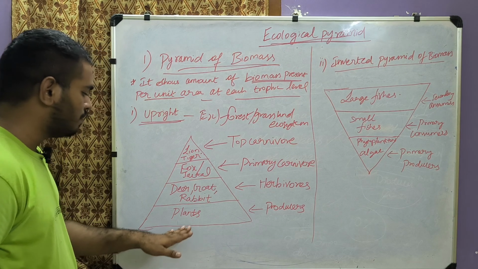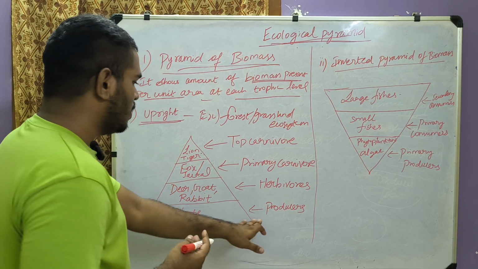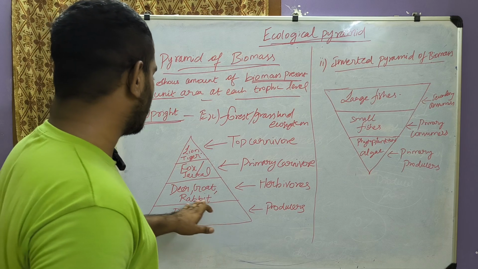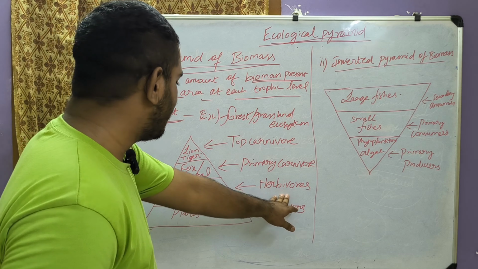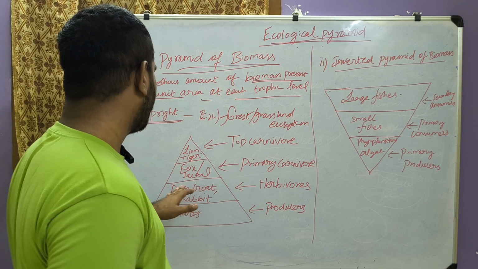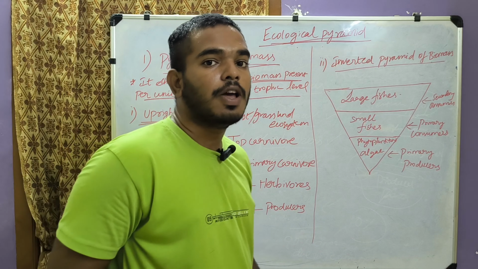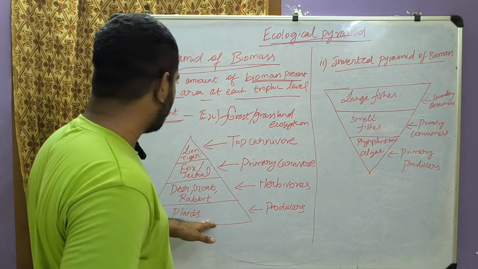In a forest, the total biomass of plants will be high. Plants are the primary producers here. Herbivores rely on plants for feeding. Herbivores such as deer, goat and rabbit have a total biomass less than that of the plants.